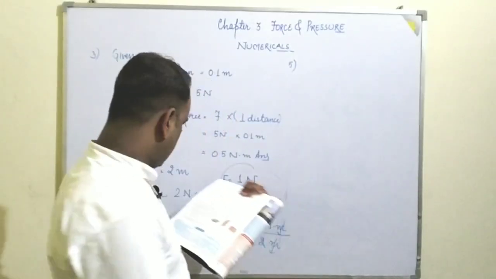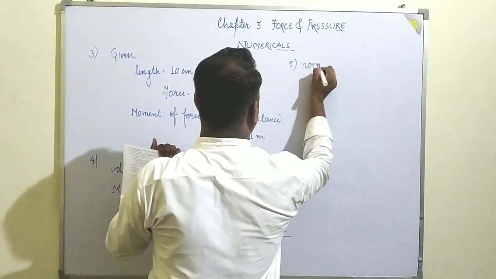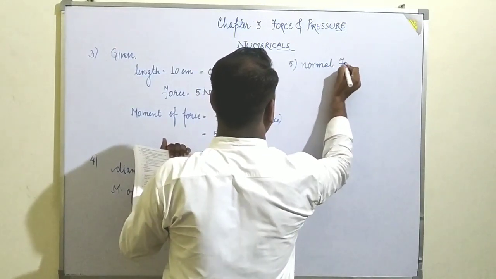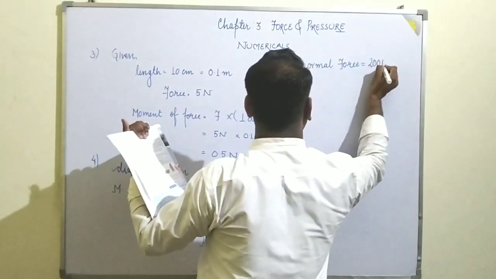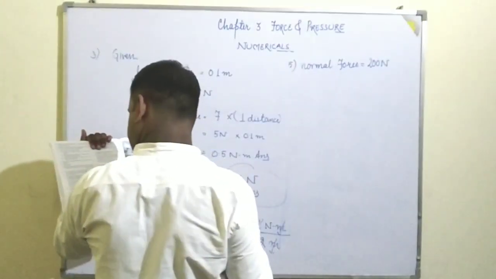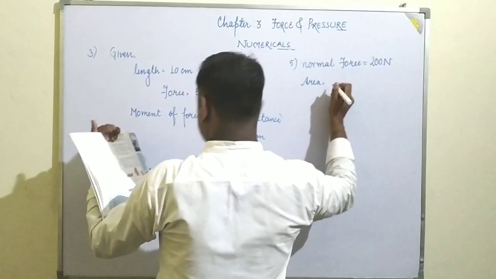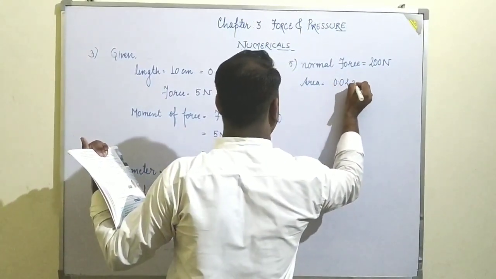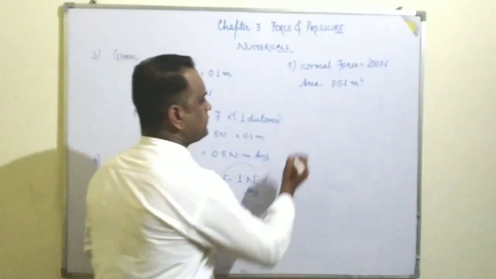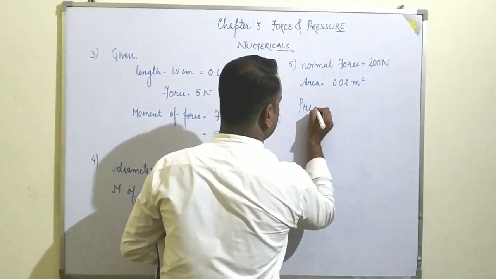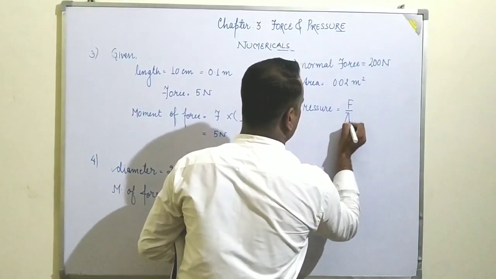Okay students, so the normal force is given as 200 Newton, and the area is given as 0.02 meter square. We have to calculate the pressure. Pressure is equal to force acting per unit of area.